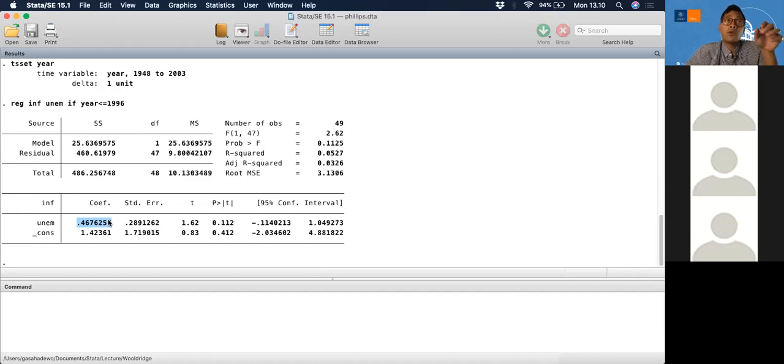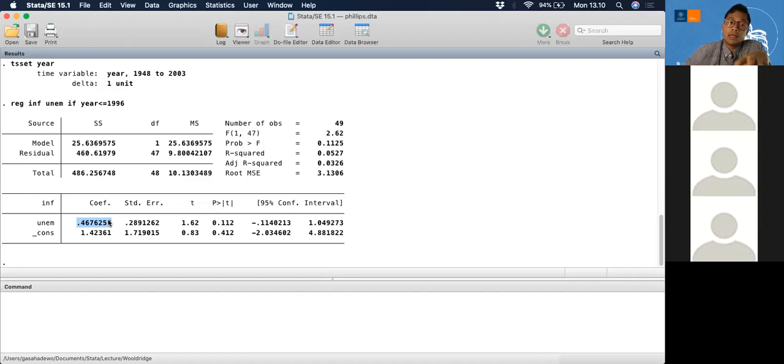You need to check the specification to make sure that you don't leave out any important variable, for example. After you check the specification and redo the analysis with a better specification, if you still get a positive result, then perhaps a positive relationship is indeed a feature of the data.